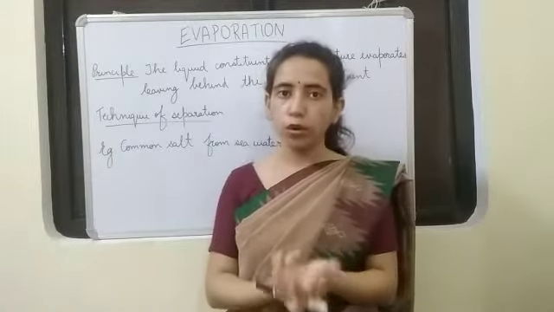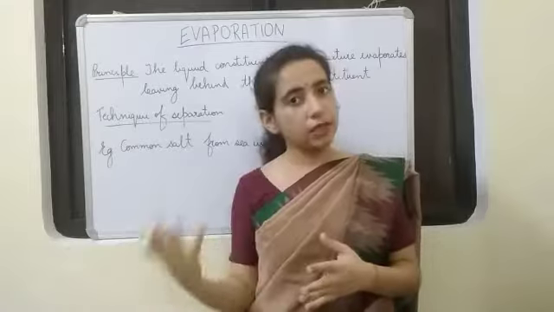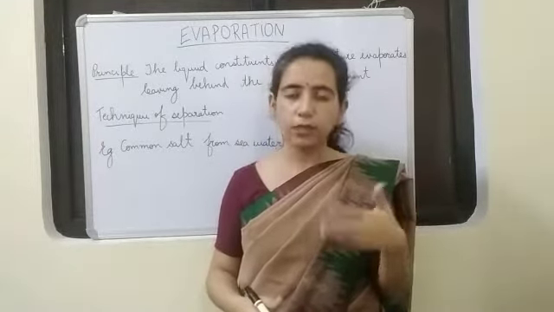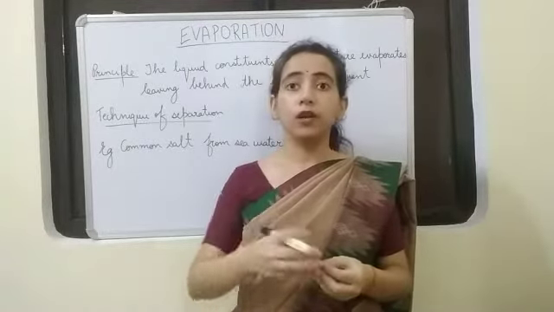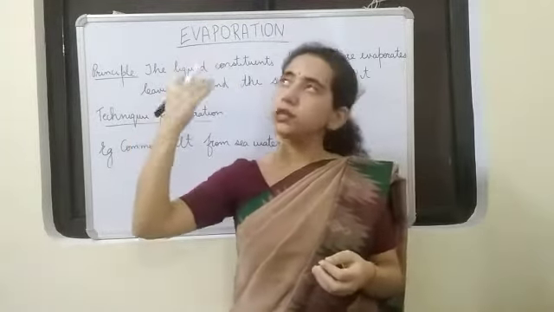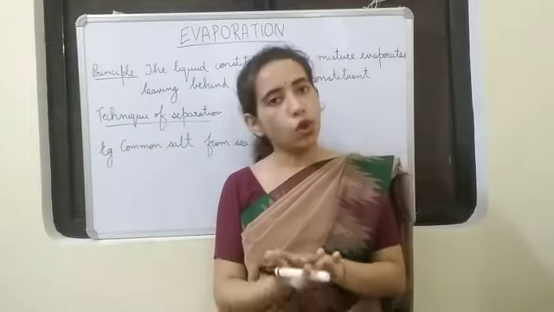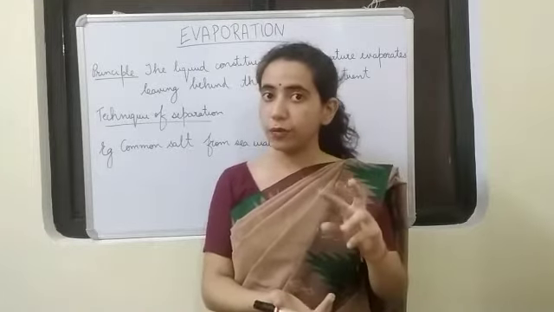That mixture we are going to take and allow it to evaporate. That evaporation can happen by itself in air or in sunlight, or we can speed up that process by heating. So we will heat that solid liquid mixture. Water will evaporate, forming its vapors. It will go into the atmosphere, and at last what will be left? Salt will be left. So we got the salt back from the solid liquid mixture.